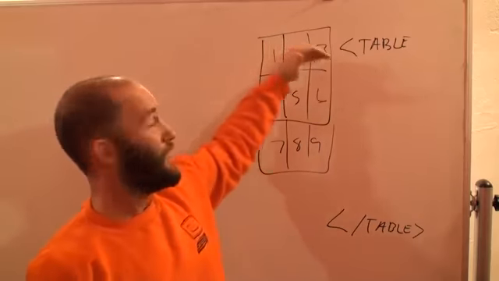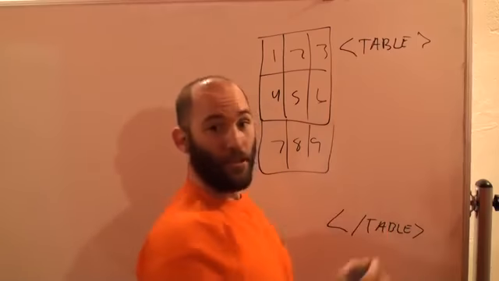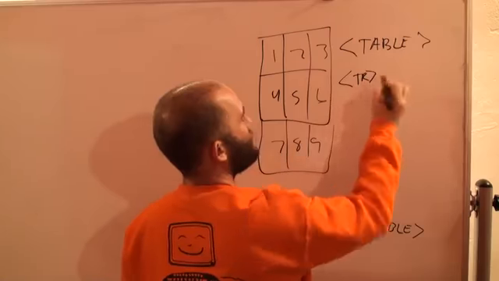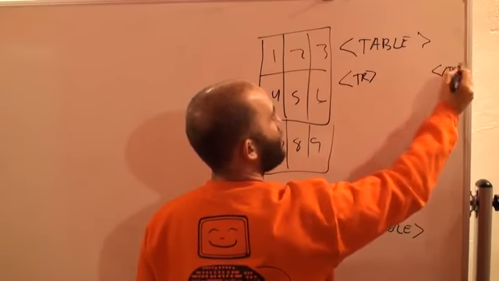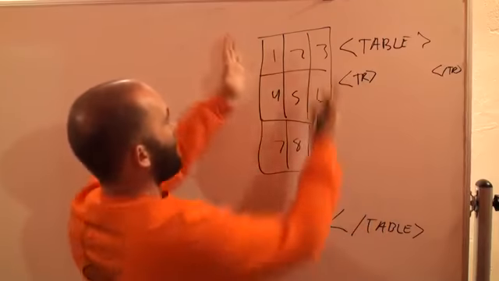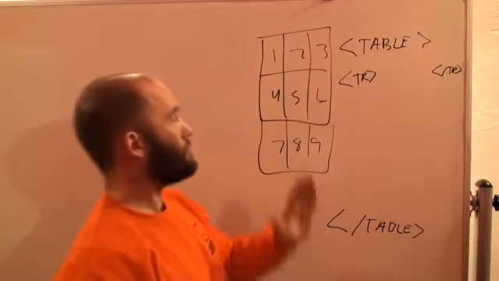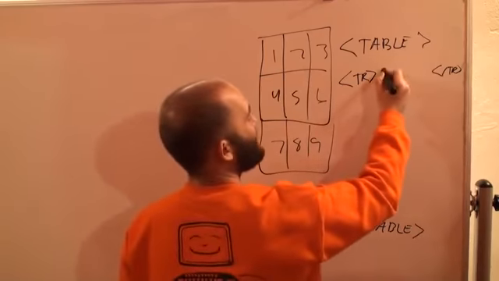So in order to create a row, you do the TR tag. So the TR tag opens and the TR tag closes. And so the TR opens and closes this entire row. Now within each block, you then use the TD tag.